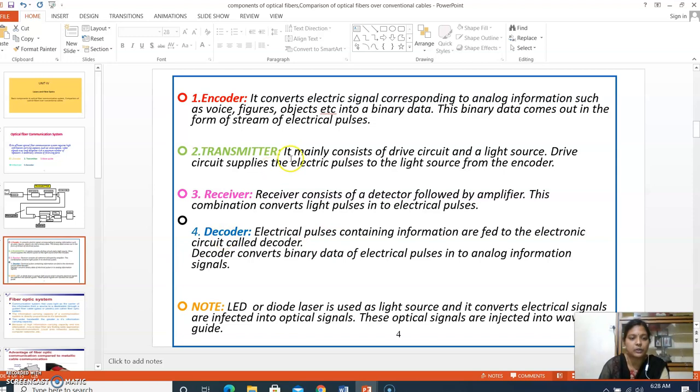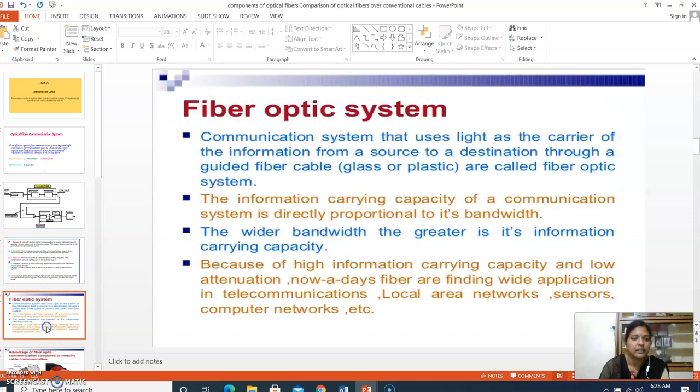Now we can use a source like an LED or laser, which converts electrical energy into optical energy. The fiber optic communication system mainly uses light as the carrier of information. It may be a source like an LED or a laser, which passes to a guided medium like a glass or a plastic fiber.